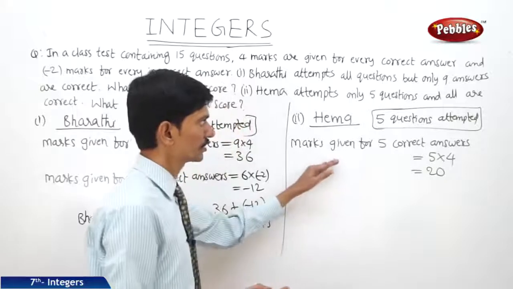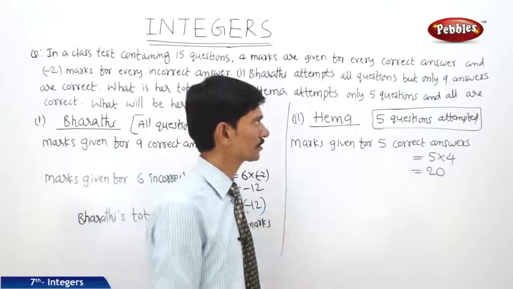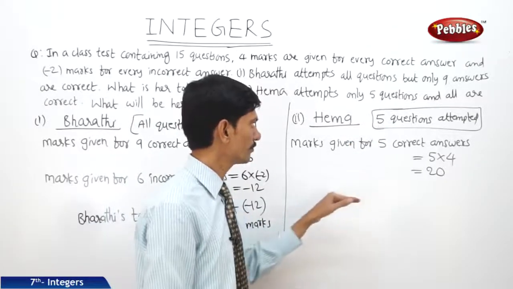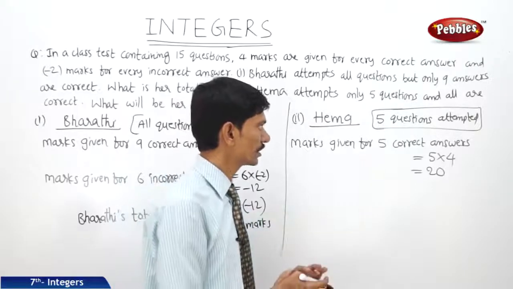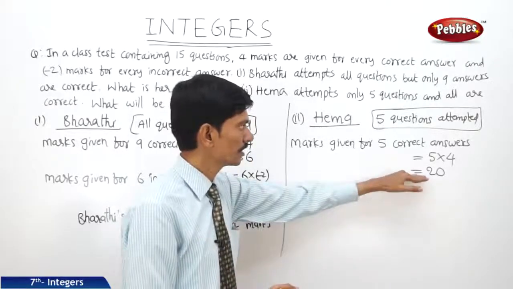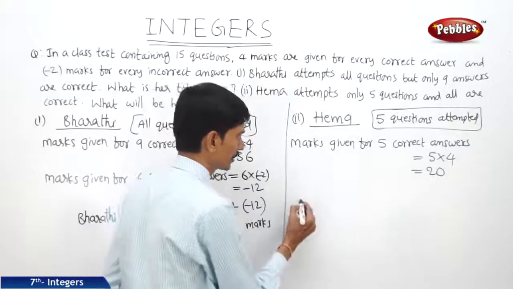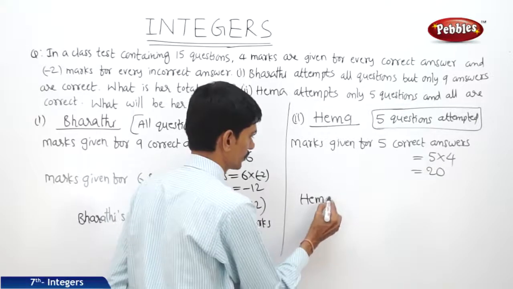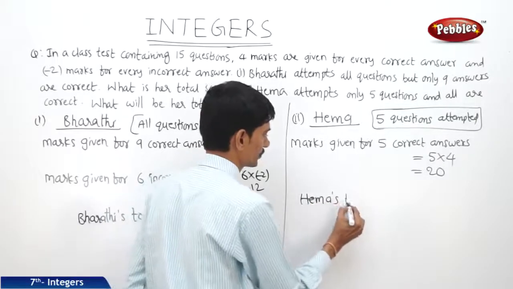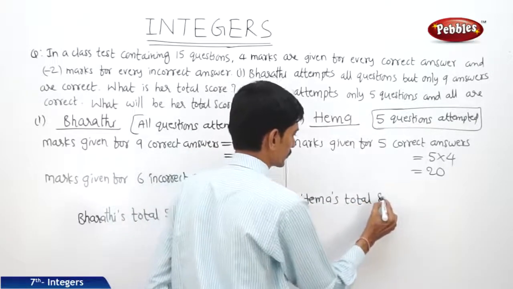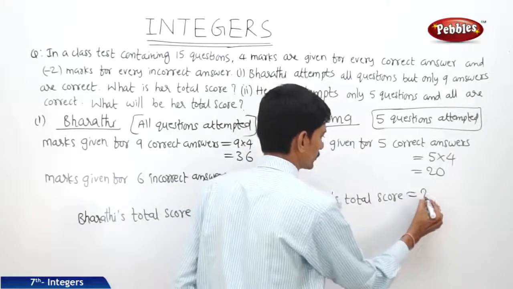As she did not attempt any incorrect answers, we will not find the marks given for incorrect answers. So 20 is Hema's total score. So we can write Hema's total score equals 20 marks.